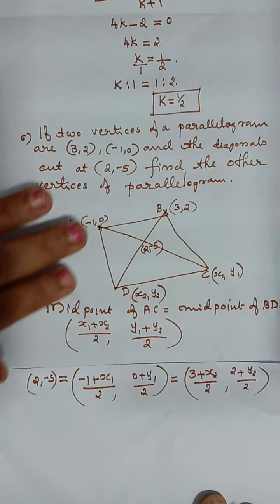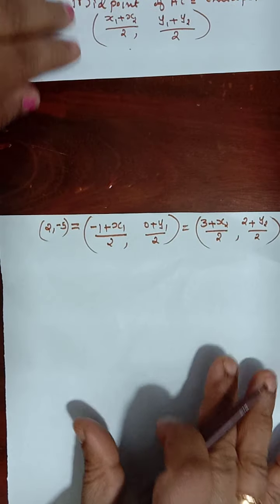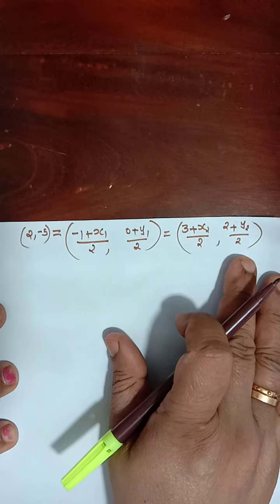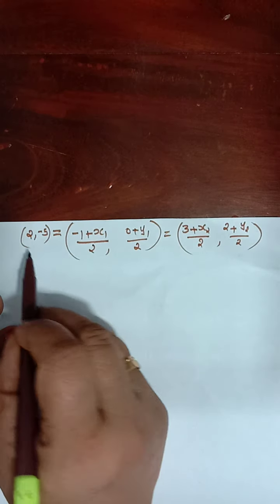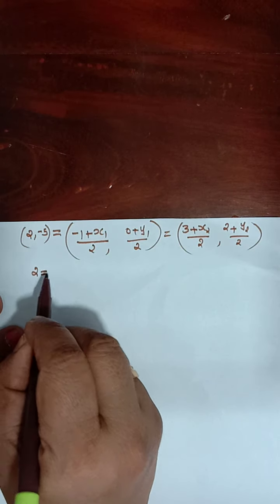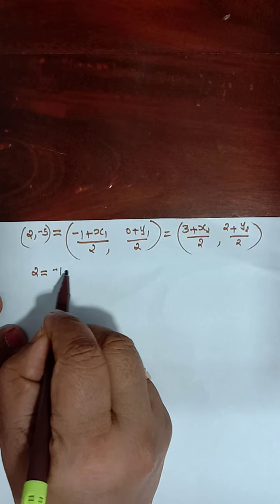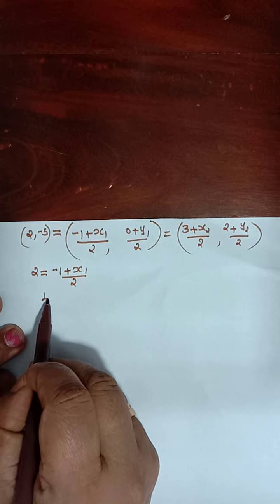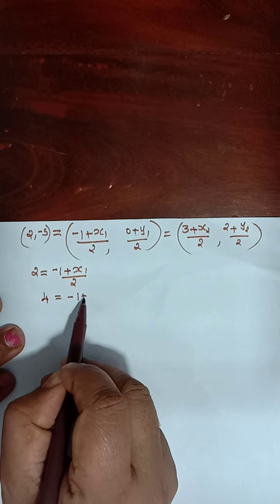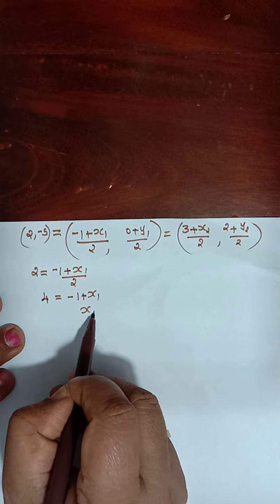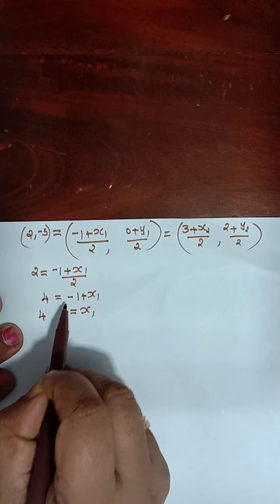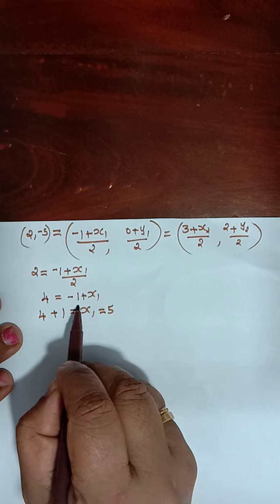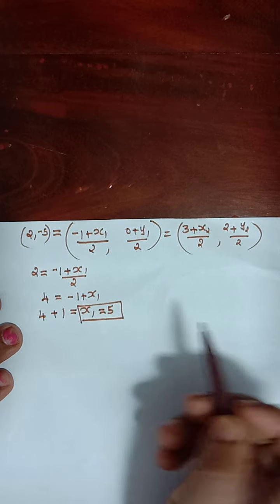Now let us find out. We will compare and get the answer. Here 2 is equal to our first coordinate, (-1 + x1)/2. Cross multiply, 4 equals -1 + x1. So x1 is equal to 4 + 1, that is 5. So the x1 value we got as 5.